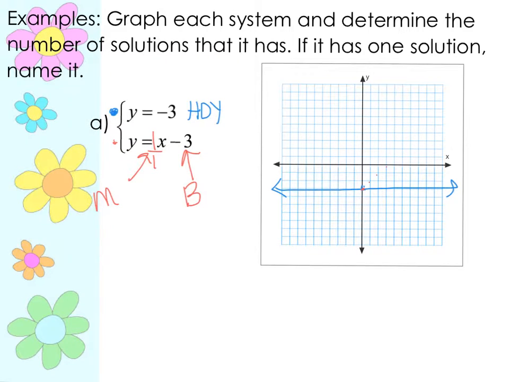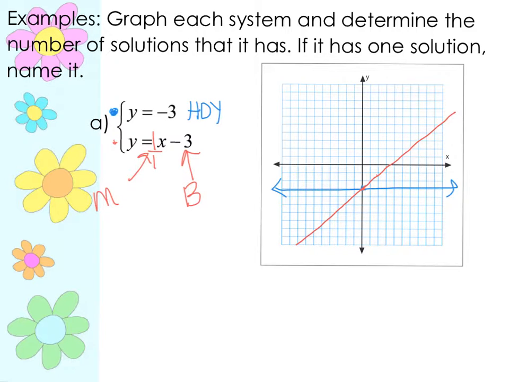So once you have a couple points, just doing rise over run again, go ahead and use your ruler and make a nice straight line. And again, yours is going to look way nicer than what mine does, but I know how the graphs are supposed to look, so I'll still make it work.